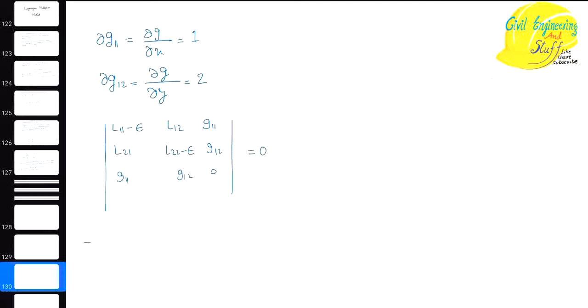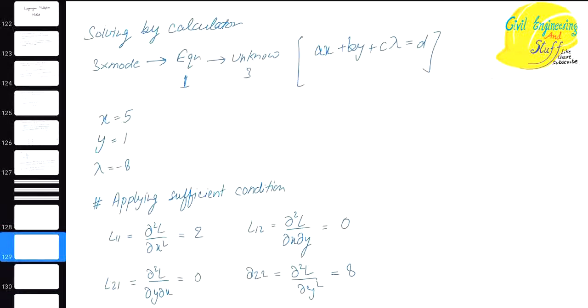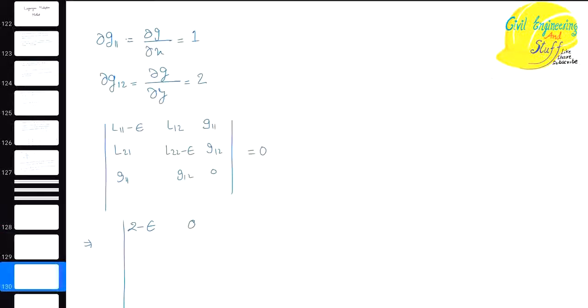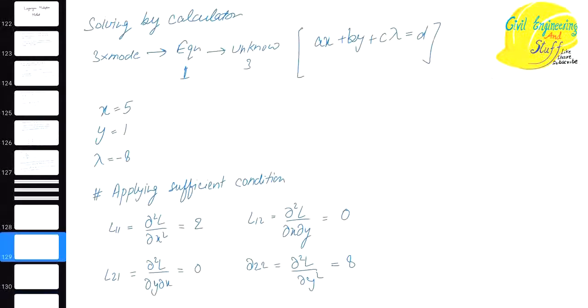Putting in the values, L11 is 2 minus the variable, L12 is 0, so this is 0. G11 is 1, but let me first put these values only. So 2 minus the variable, 0, then we have 0 and 8 minus the variable, then we have 1, 2 and 0.